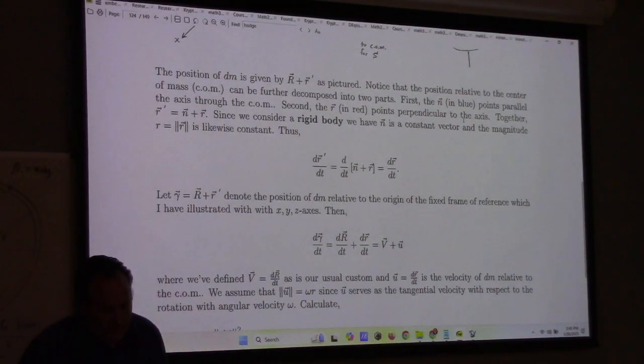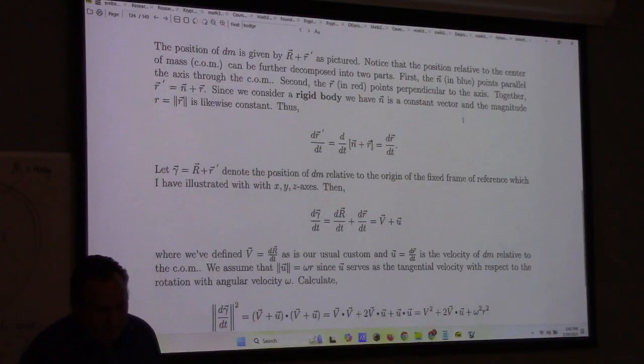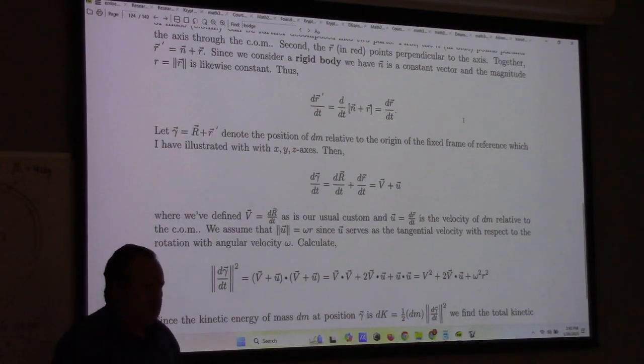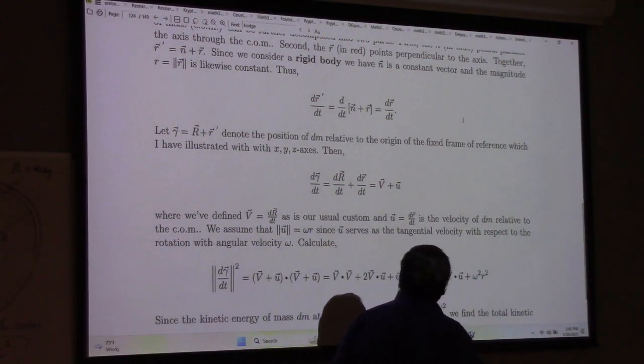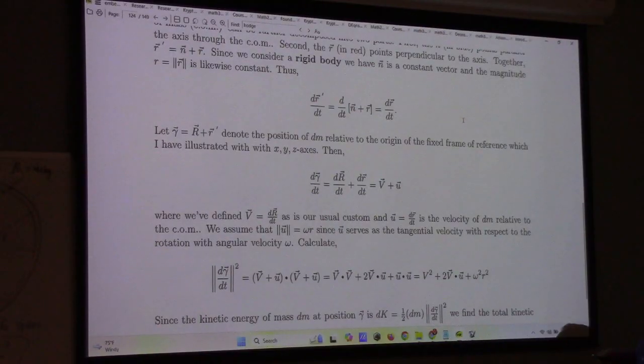We're going to call omega the magnitude of u, since u serves as a tangential velocity with respect to the rotation, so the magnitude of u is omega times r, and omega is of course the angular velocity.